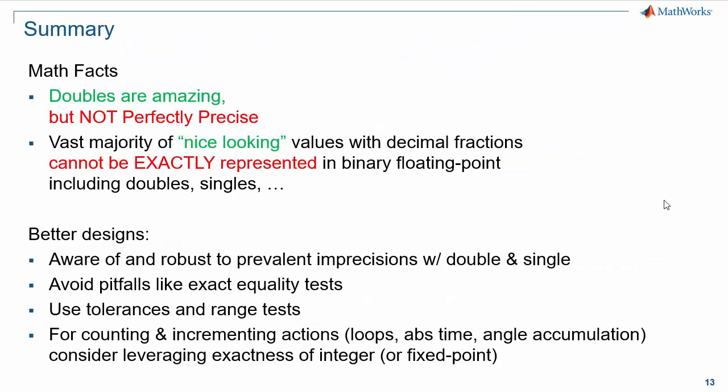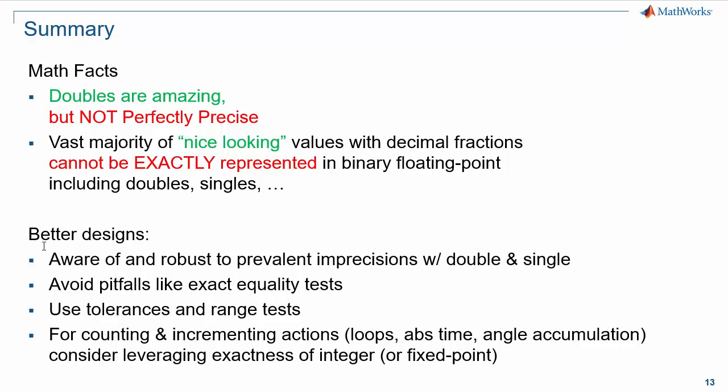Okay, so in summary, doubles are an amazing, super successful data type, but they are not perfectly precise for all values. In fact, the vast majority of nice-looking values with decimal fractions cannot be exactly represented in binary floating point. This includes doubles, singles, quad, half, and so on.